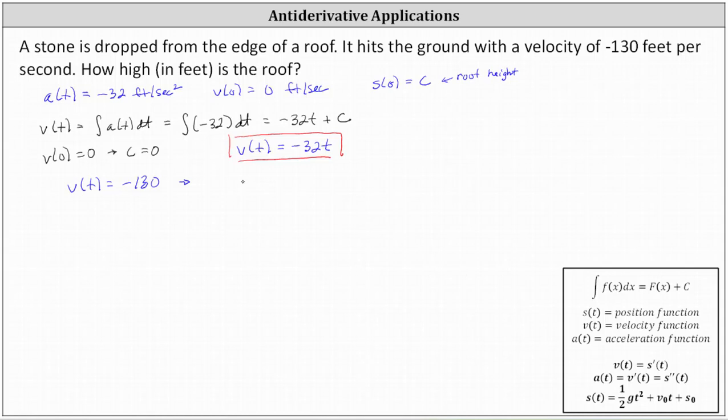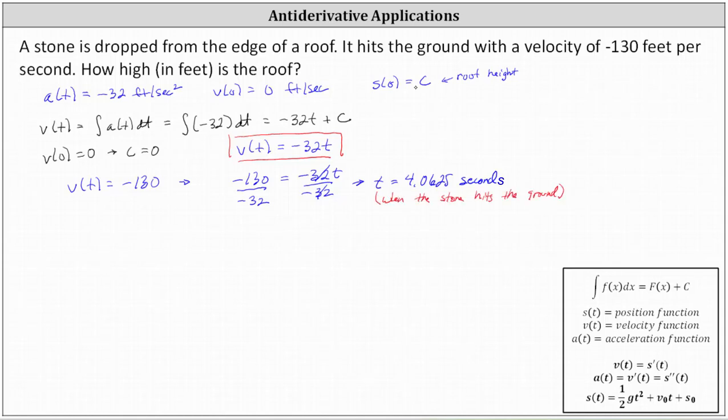This gives us the equation negative 130 equals negative 32t. Dividing both sides by negative 32, we have t, the time at which the stone hits the ground, is 4.0625 seconds. Again, this is when the stone hits the ground.